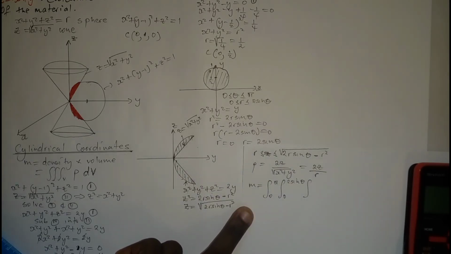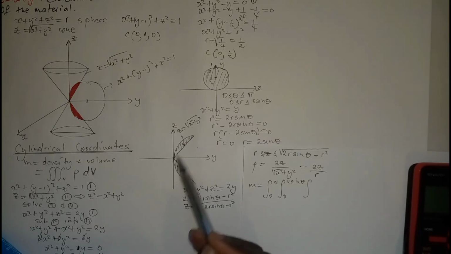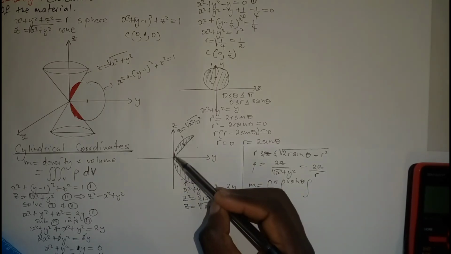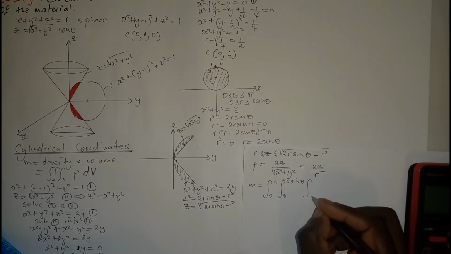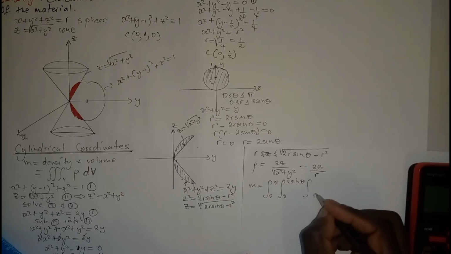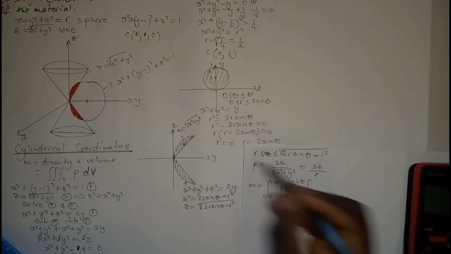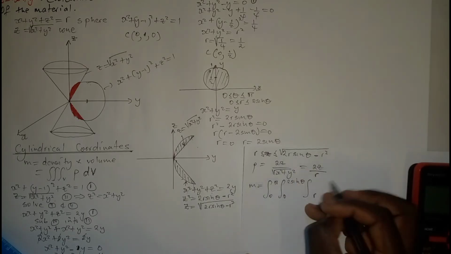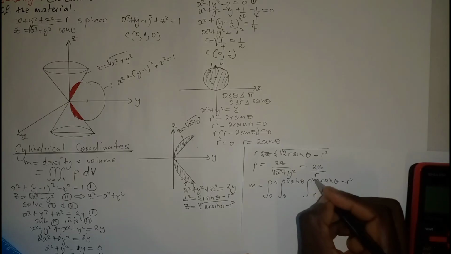Now I'm going to choose this upper bound, just the top part. So z will range from the equation of the cone, the lower bound, which is r, to the upper bound, the equation of the sphere, which is the square root of 2r sine theta minus r squared.